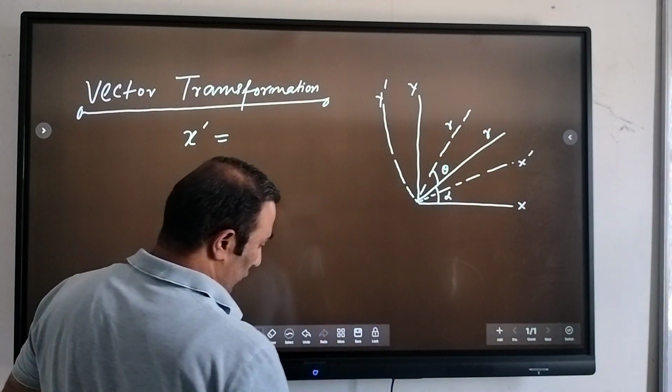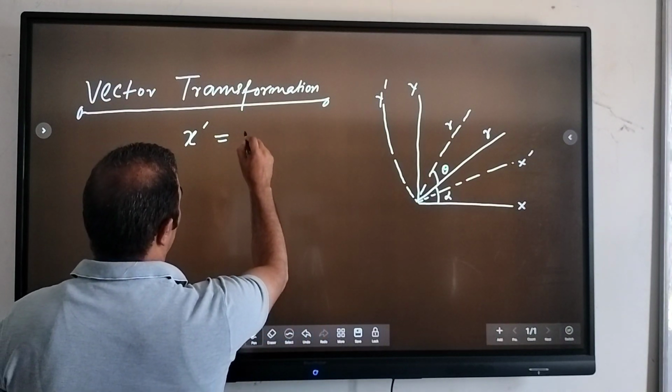So we can get the relation that x prime will be equal to x cos theta.